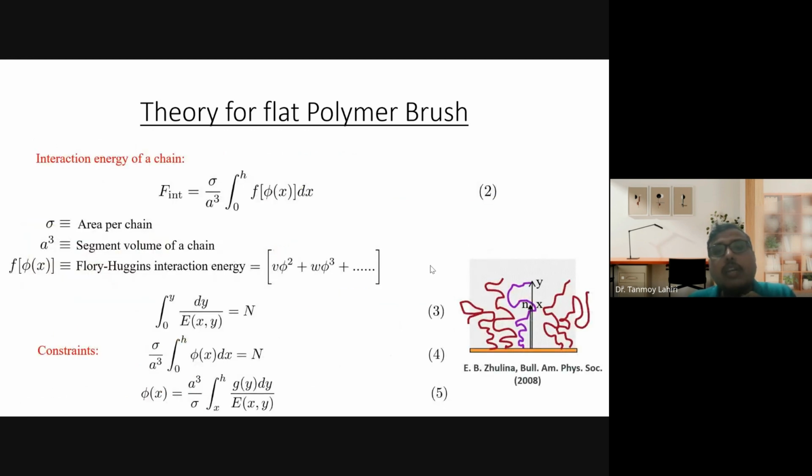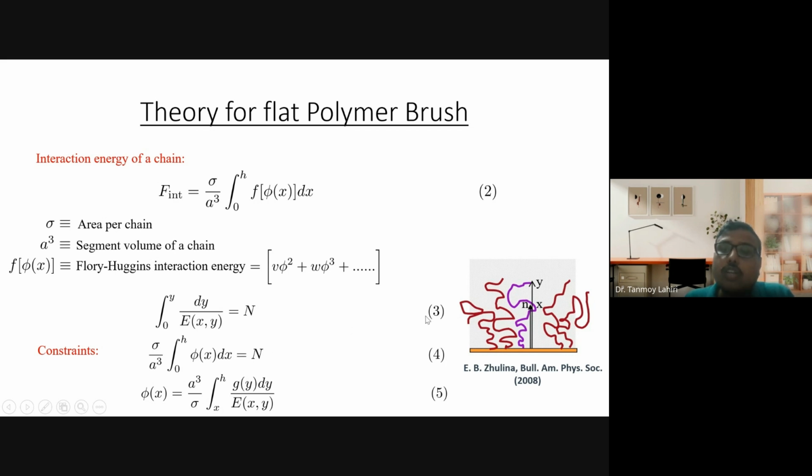And next we have the interaction energy, in equation 2, which is the general Flory-Huggins interaction energy that I talked about, describing how the polymer chains interact with the solvent. And since we have introduced two new parameters, the chain end distribution and this elongation parameter E(x,y), they satisfy certain constraints.